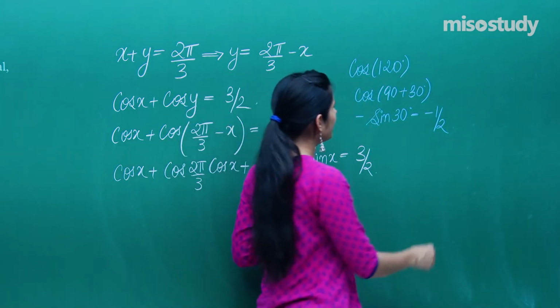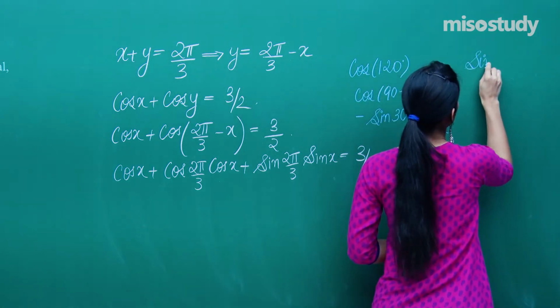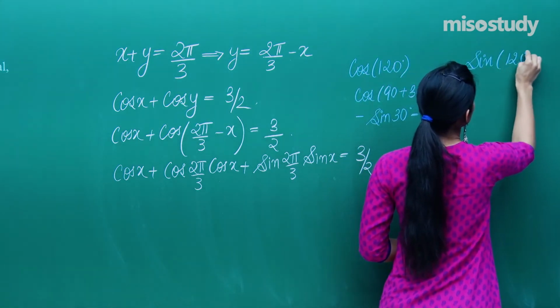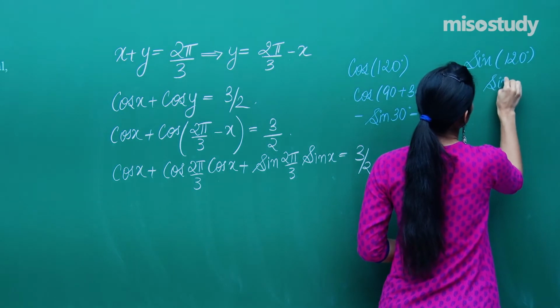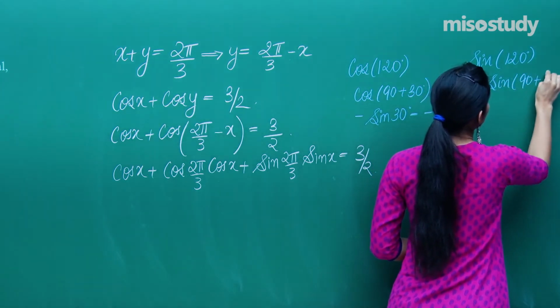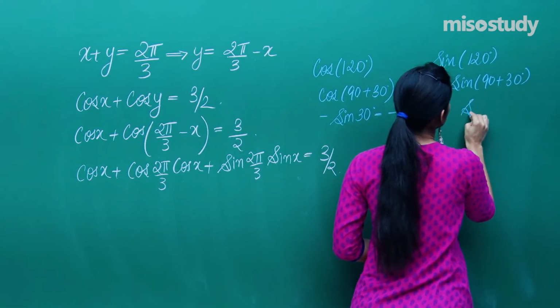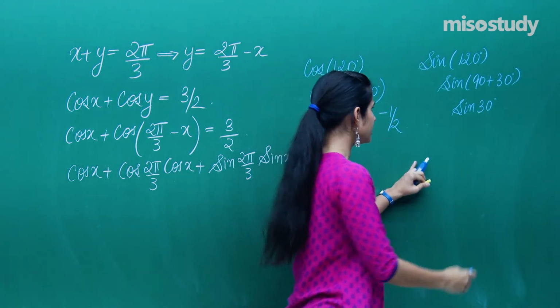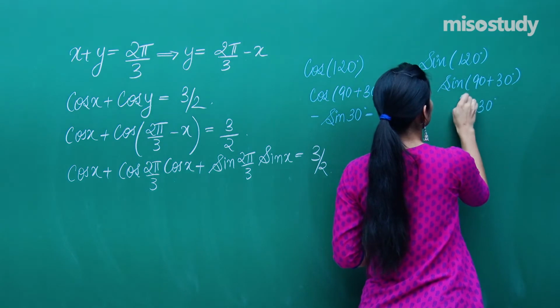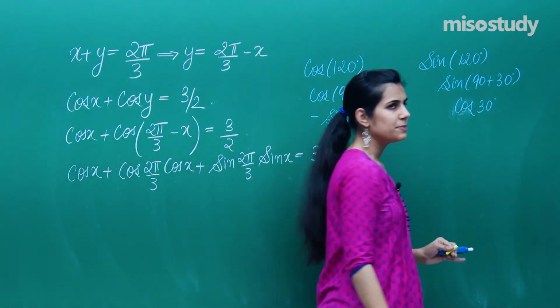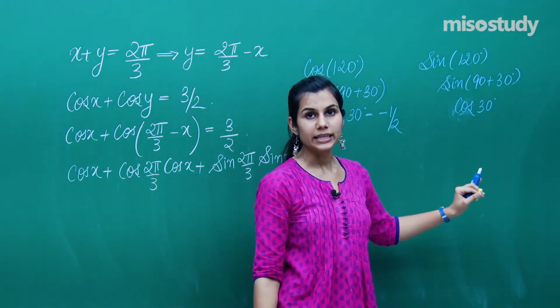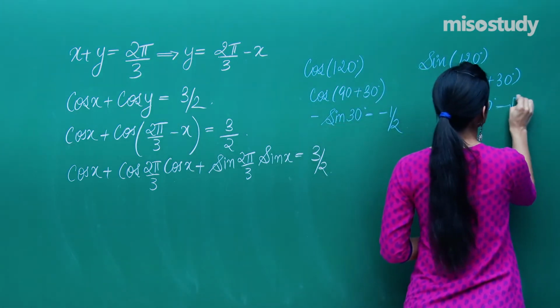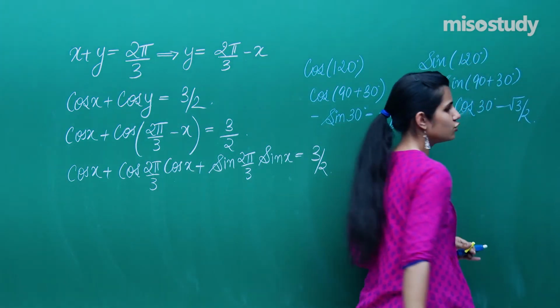Whereas sin 2 pi by 3, sin 120 is sine of 90 plus 30, which is cos 30, sorry. Sin 90 plus theta is cos theta without any minus sign, which is root 3 by 2.